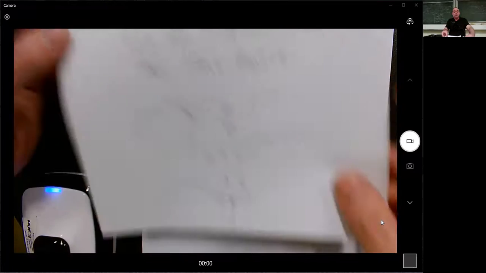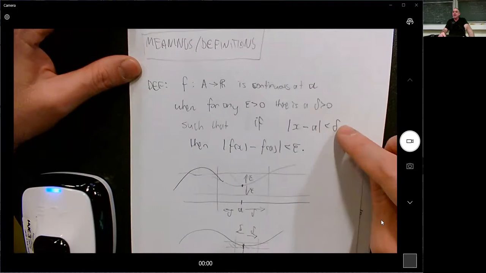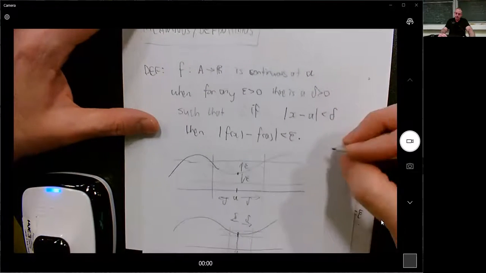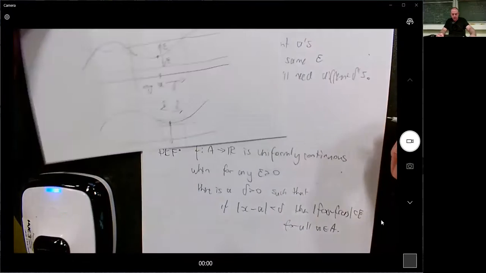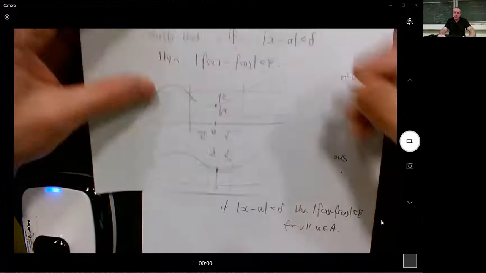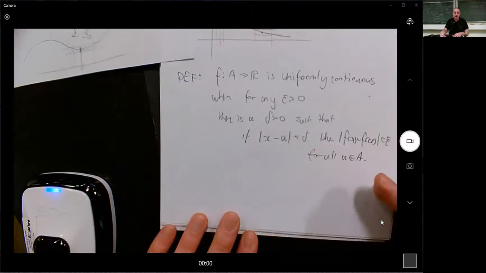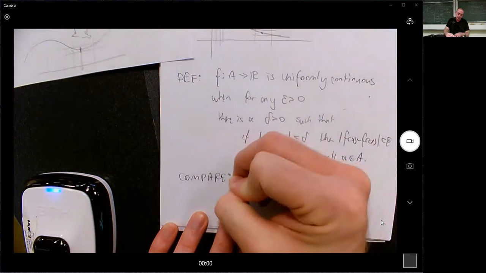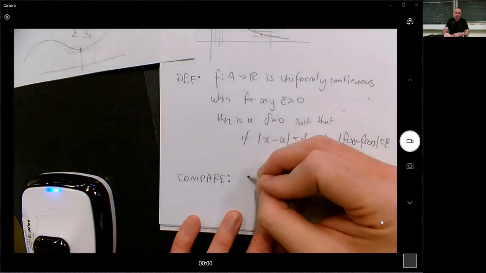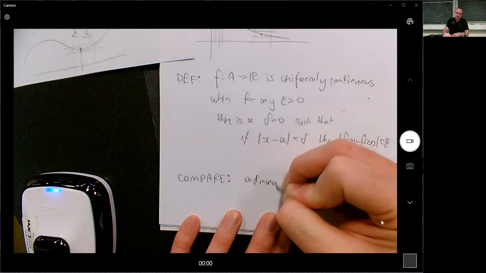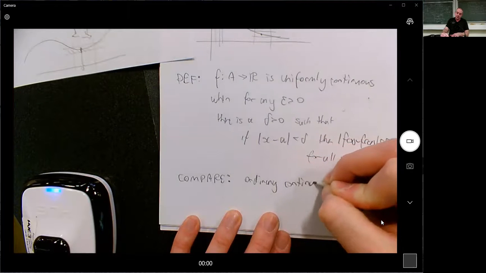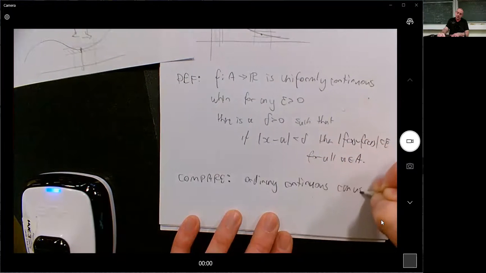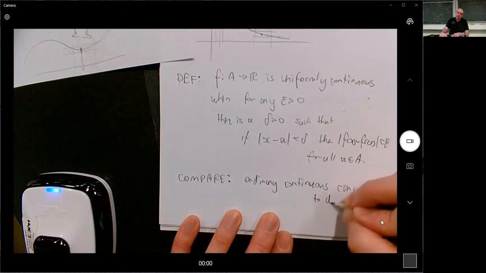And so it's useful to know that this delta can technically use the number a to figure out what delta is. So to compare them, for ordinary continuous, you can use a to define delta.